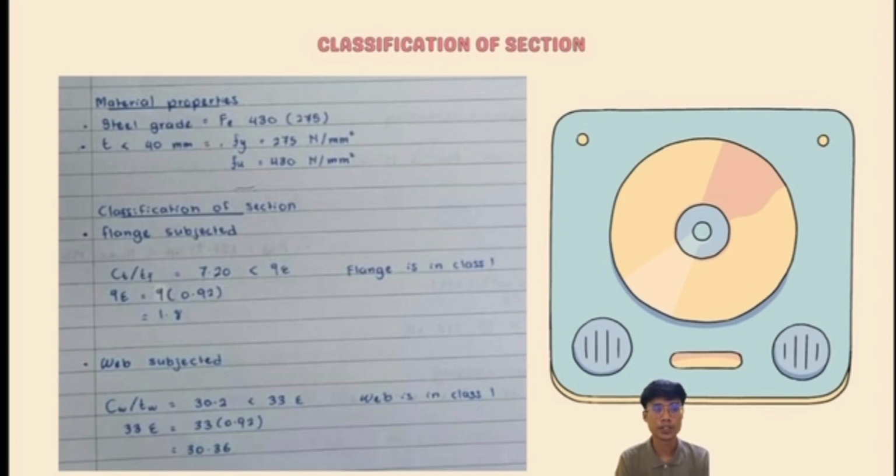For classification, we need to find the flange and web subject. Using the formula, the value for the flange is 1.8 and the flange is in class 1, and the value for the web subject is 30.36 and the web is in class 1.